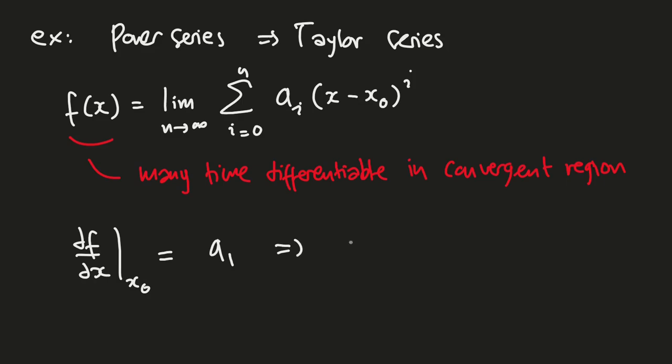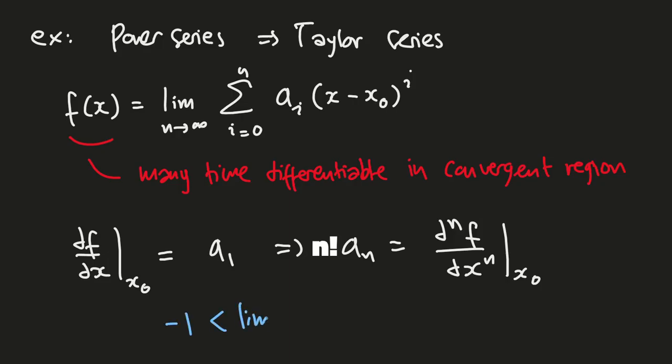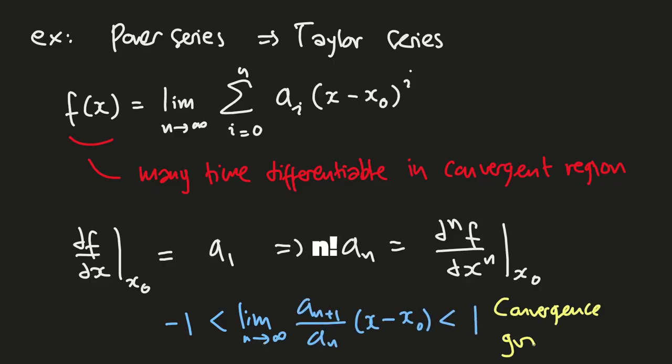And so on, using the derivative rule, we get that an multiplied by n factorial equals the nth derivative of f at x0. By the ratio test, we get that the interval of convergence is just like this, again about the convergence guarantee.